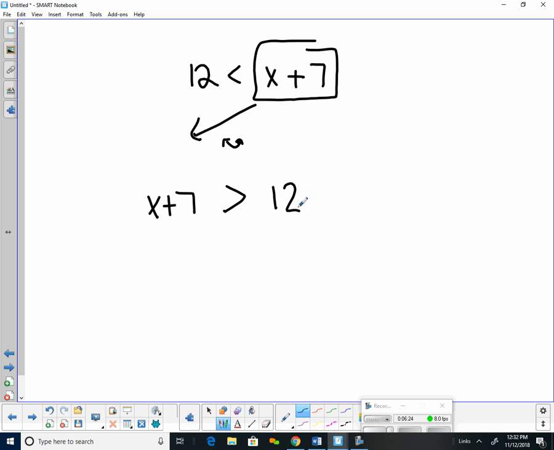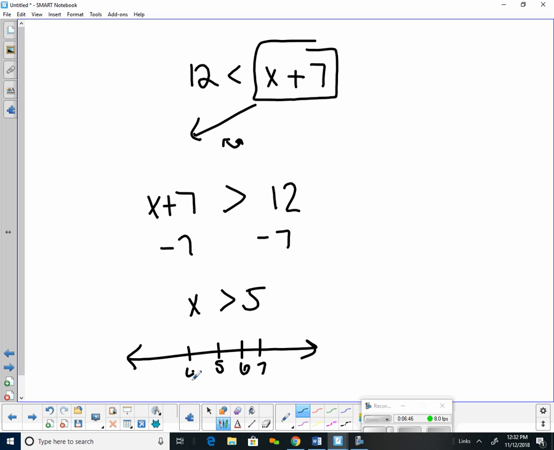Then I'll solve it just like normal, and graph it just like normal as well. Now my variable is on the left, so my inequality symbol will determine which way I'm going to shade my numbers.